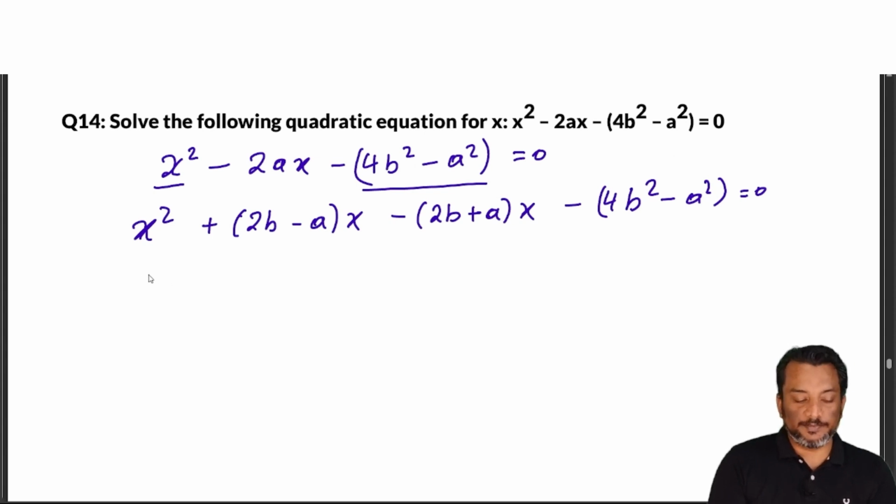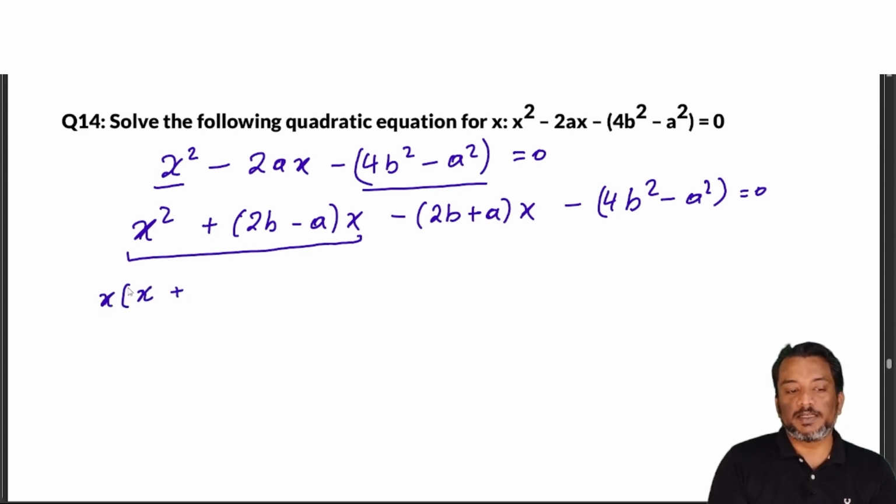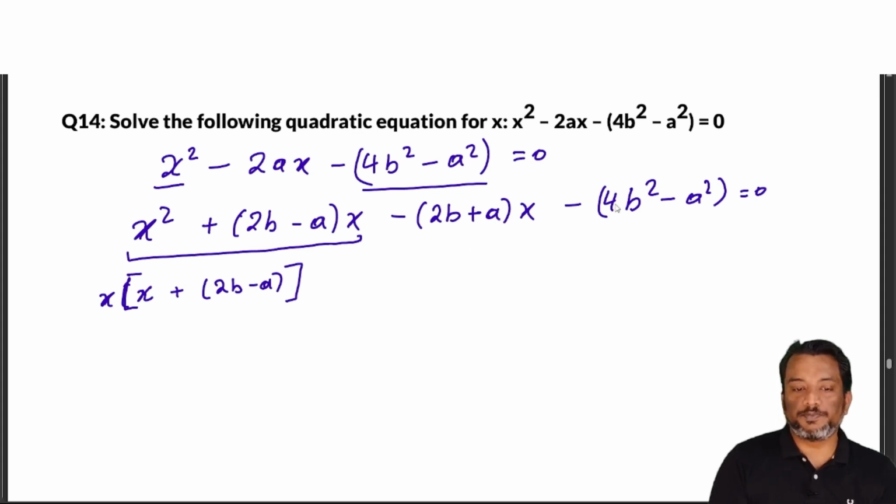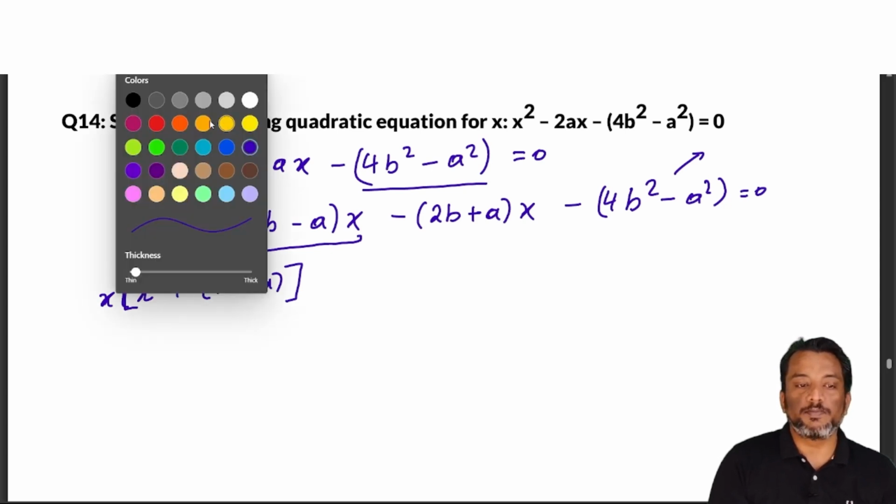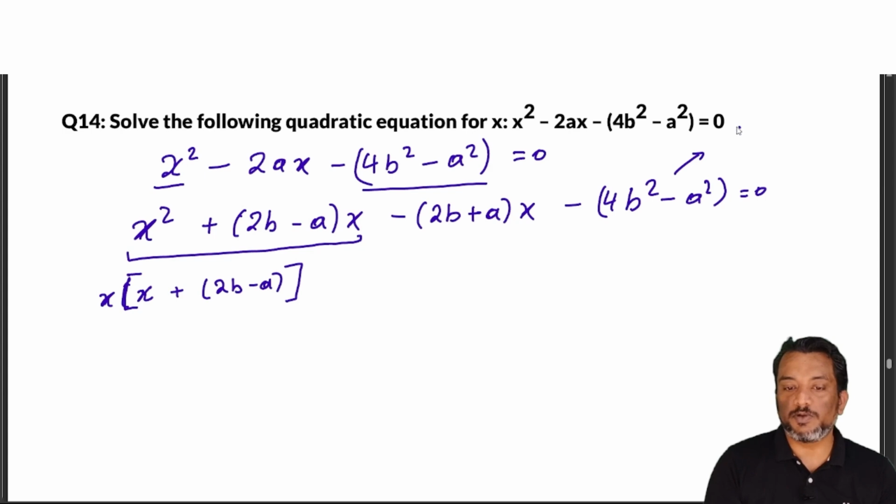Now between the first and second term, what will you get common? You will get x common. After that you get x plus 2b minus a. Now the same with the third and fourth term.